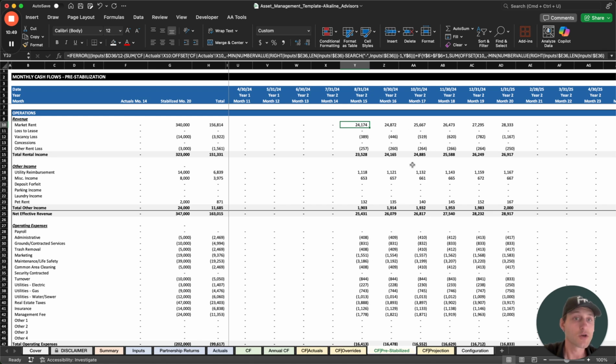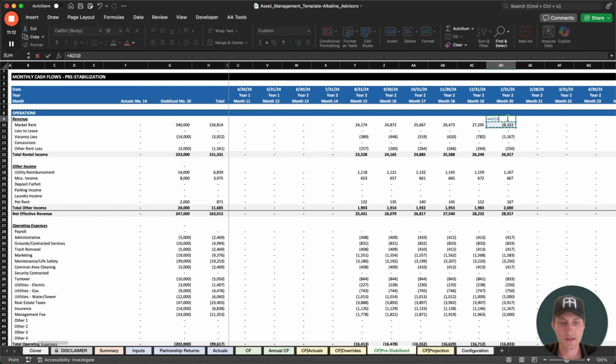We are adding that difference to that next period in month 15 to get to that $24,174. So in order for us to calculate what month 16 would be, we're taking the most recently calculated figure at month 15 plus the last 11 months of actuals that we have, adding all those together, and then subtracting the difference from that 340,000.